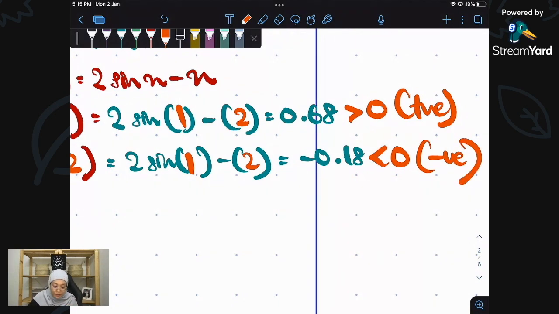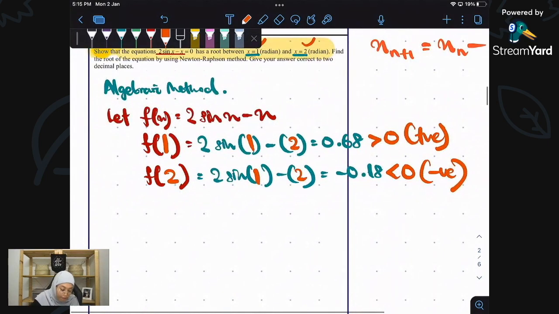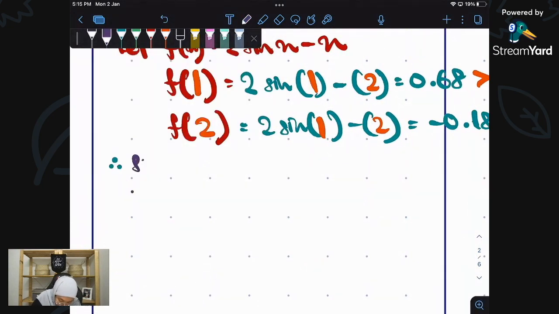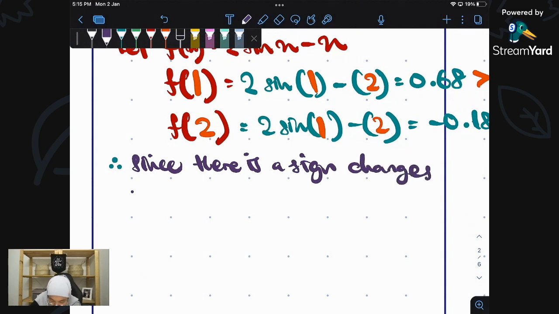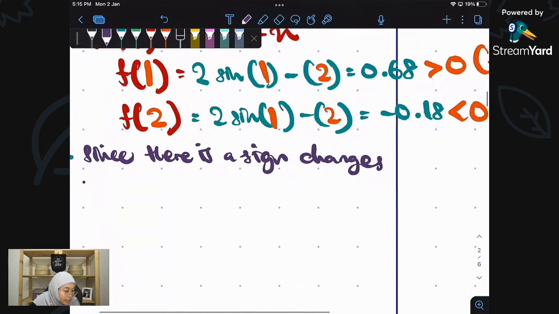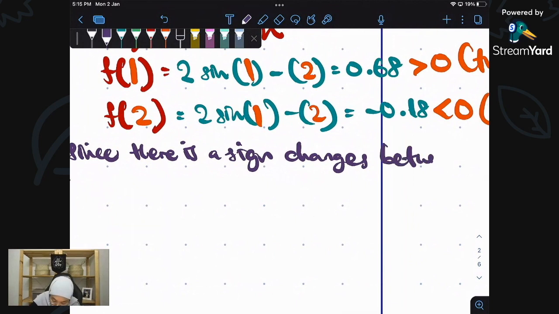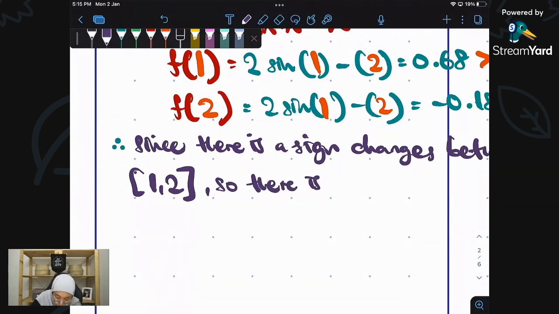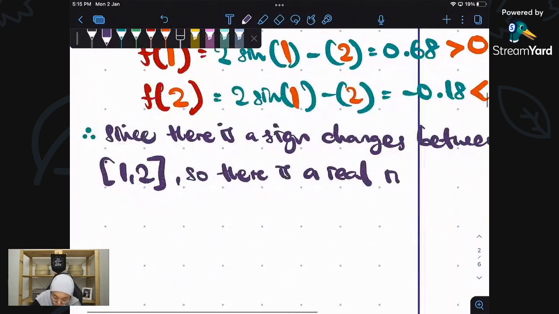We are so happy that the sign is different. So we make a conclusion. We say that since there is a sign change between the interval of 1 and 2, there is a root, a real root.